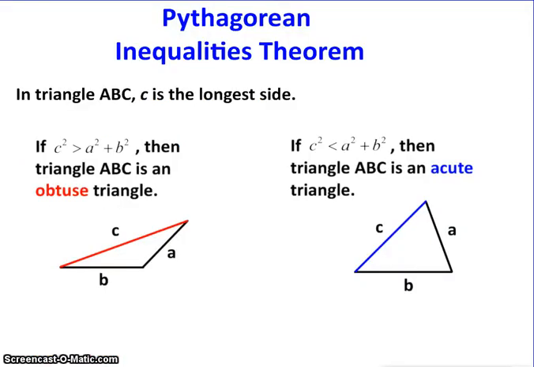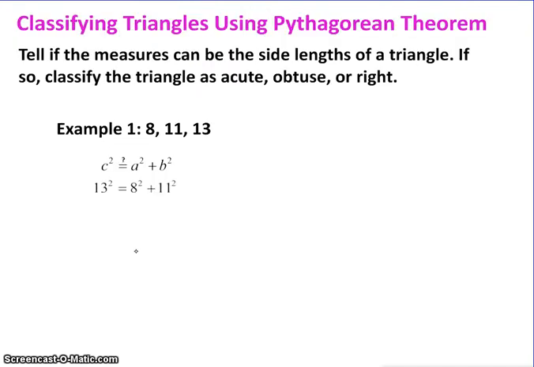Alright, triangle ABC, C is the longest side. This is the Pythagorean inequalities theorem. If C squared is larger than A squared plus B squared, then it's an obtuse triangle. If C squared is less than A squared plus B squared, it is an acute triangle. Alright, so we need to figure out, is this a right triangle, meaning that C squared is equal to A squared plus B squared, or is it acute, meaning that C squared is less than, or obtuse if C squared is larger.